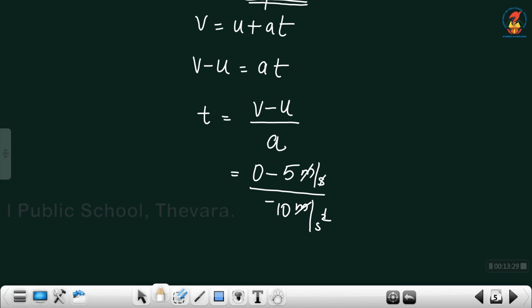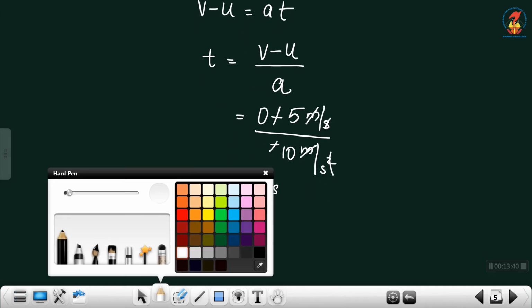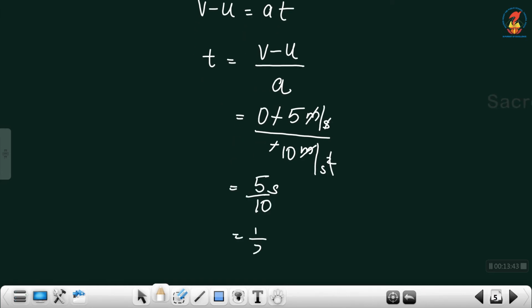The minus signs get cancelled. 5 by 10, that is 1 by 2 second.